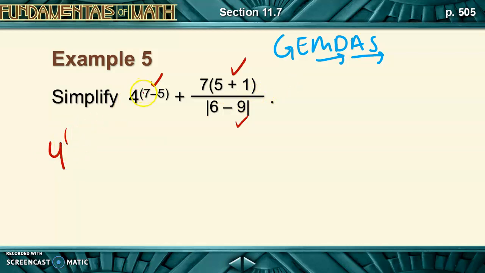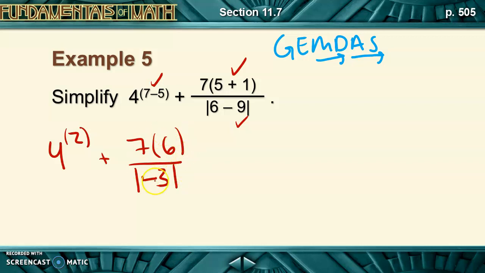4 to the power of 7 minus 5 is 2, plus 7, and 5 plus 1 is 6, divided by 6 minus 9 is -3. Now they ask for the absolute value of that, so we're going to go ahead and keep that intact. Now, do we have any more grouping symbols to simplify?